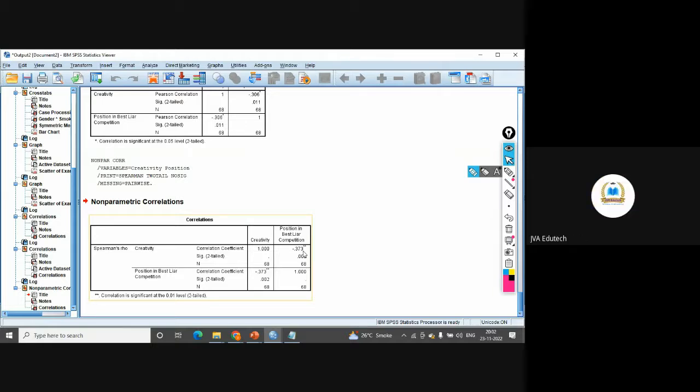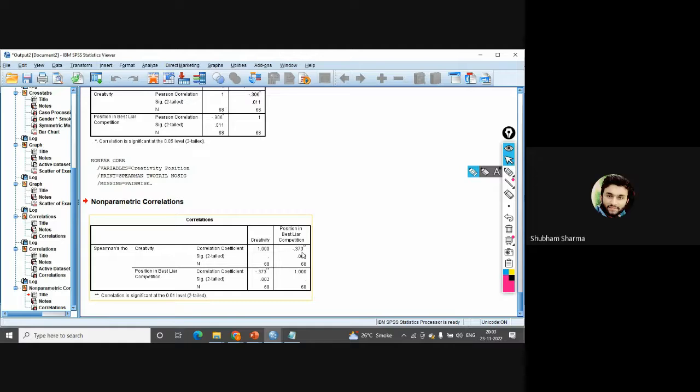They are moving from 3 to 2, 2 to 1, a better position. If creativity is increasing, their rank number is decreasing, which means they are getting better positions, moving from 4 to 3, 3 to 2, 2 to 1, isn't it?